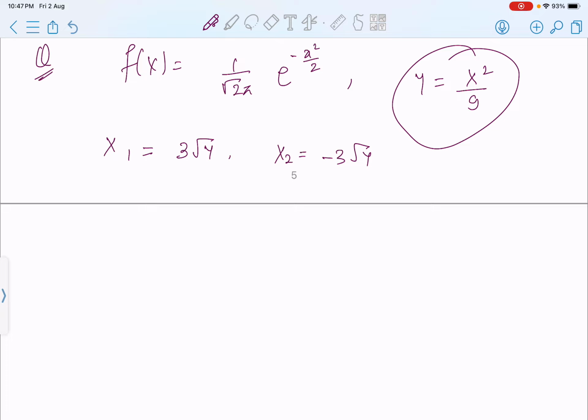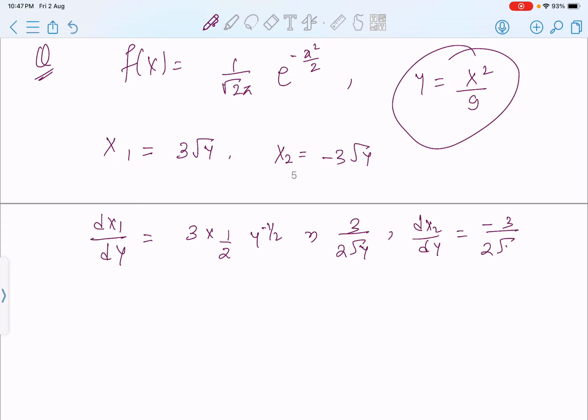Now let's find dx1 by dy. We have to differentiate with respect to y. So 3 multiplied by half, and then y to the power minus half, which will be 3 by 2 root y. Similarly, dx2 by dy will be negative 3 upon 2 root y, correct or not?